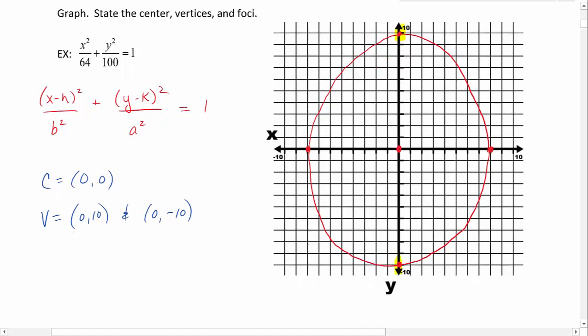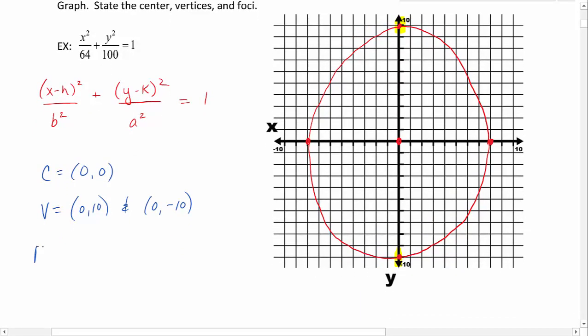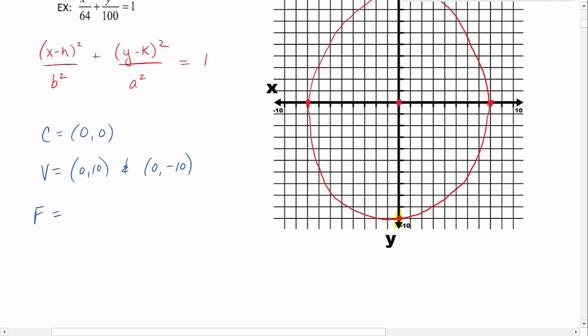So now we want to identify the foci, and there's going to be 2 of those. They're going to be somewhere on our major axis. But in order for us to find the foci, we need to find our c value. And recall that c squared is equal to a squared minus b squared.